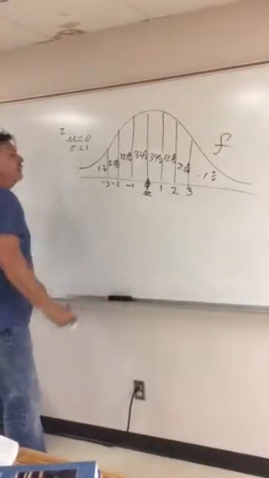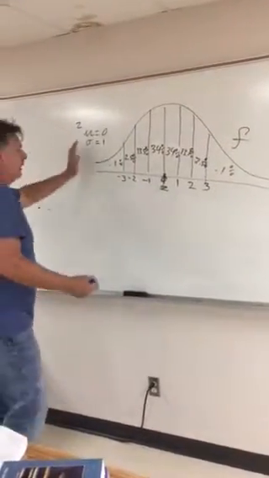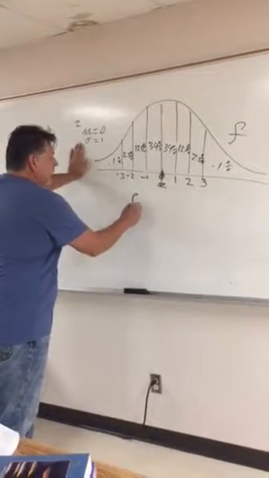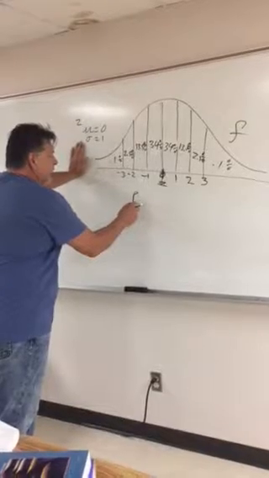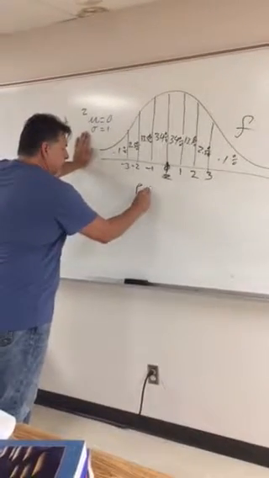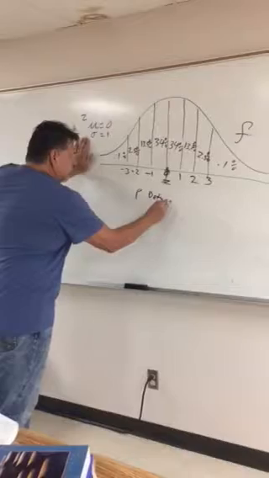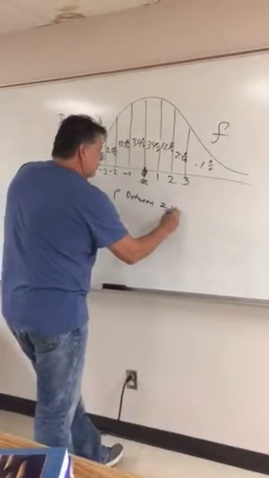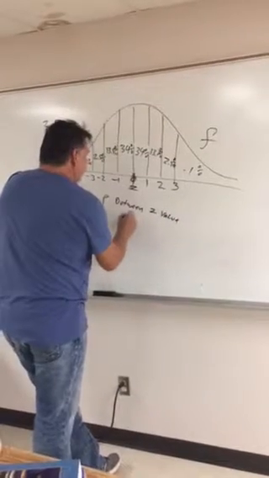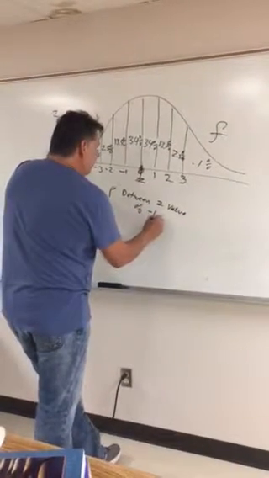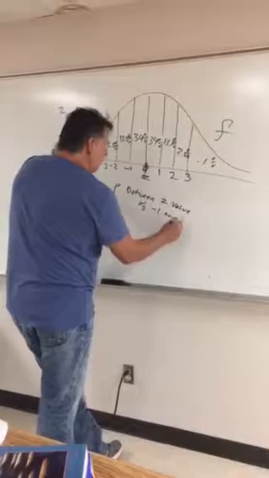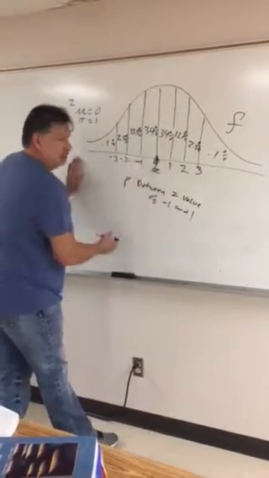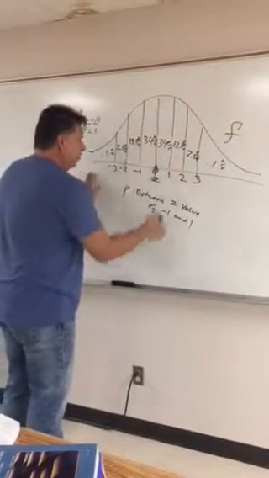Let's say that I ask you what the probability of a Z-score is that is between a Z value of -1 and 1. You would just say it is 68%, because I'm going to add these two things together.